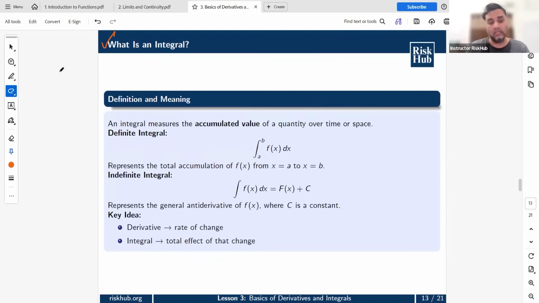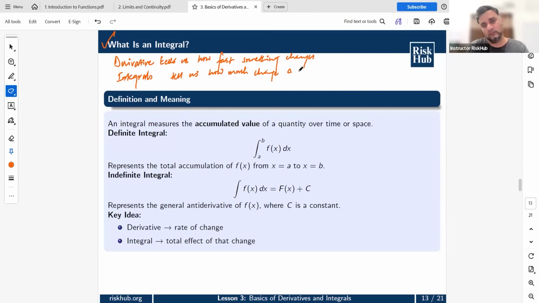Let me write it down. The derivative tells us how fast something changes, and the integral tells us how much change accumulates over time.